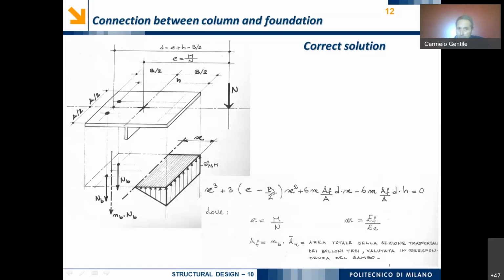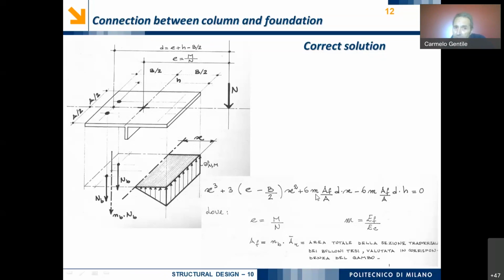Capital B is the dimension of the plate in this direction, the overall width of the plate, plus 6 times M times AF over A times D times x. x is, as usual, this distance.